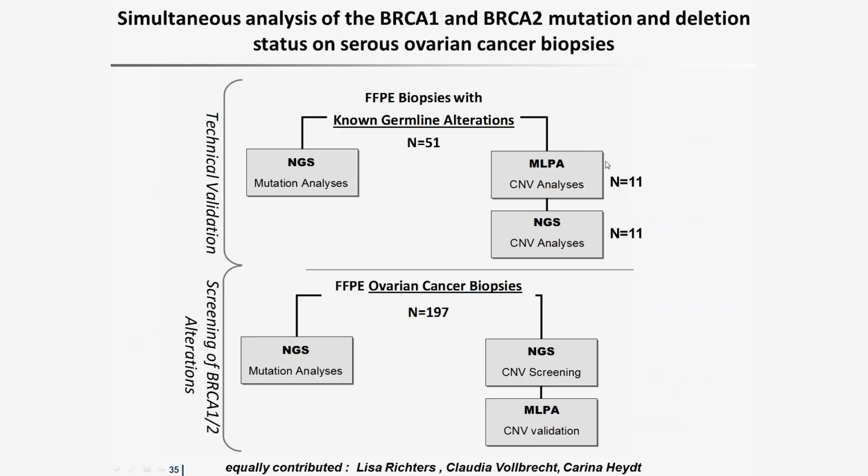And 11 were shown by MLPA assays to also have deletions. And then we used the next generation sequencing approach linked to the Biomedical Genomics Workbench tools to look for copy number variation of the BRCA1 and 2 regions.